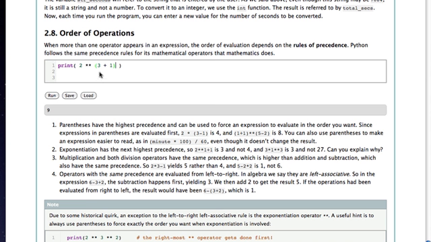And so in this case now, 3 plus 1 is 4, 2 raised to the fourth power, and the answer is 16. So parentheses can always be used to create a higher precedence, but without parentheses we have to have rules, and those rules are exponent operator is first, multiplication and division operator is second, addition and subtraction operators are done third.